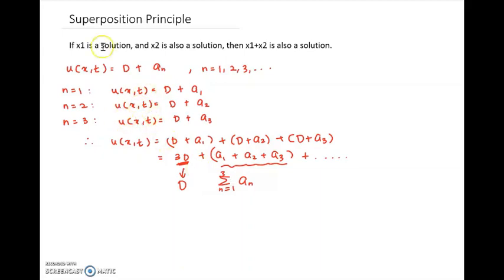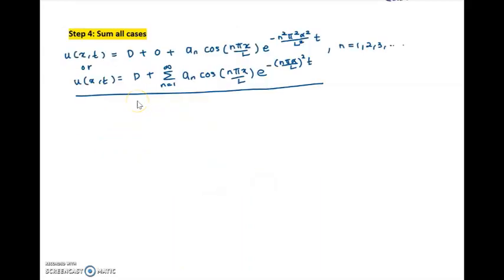So back to our solution. This is our current solution, u(x,t). We can see we have D and a_n that need to be determined. So we need to find D and a_n. Now, from the initial condition given to us in the problem, it says u(x,0) equals x.